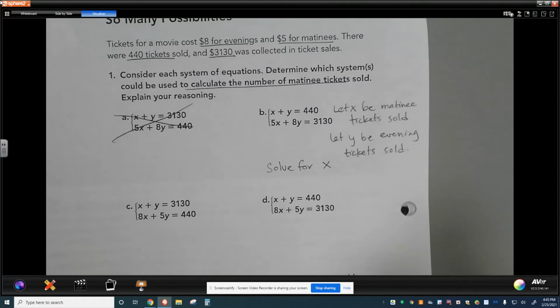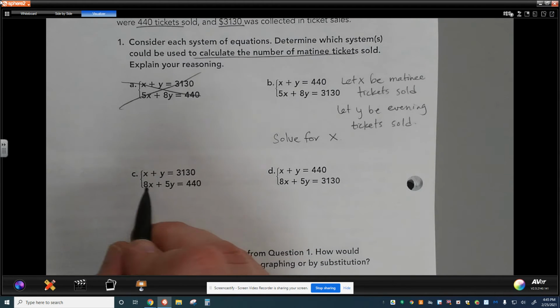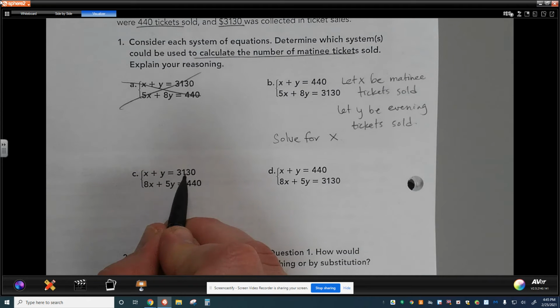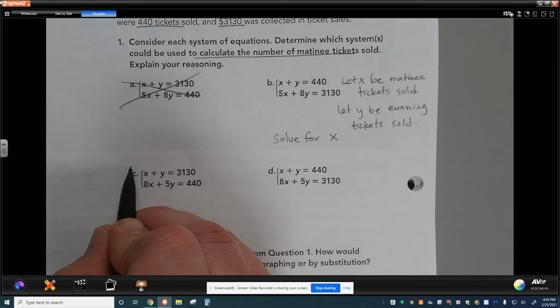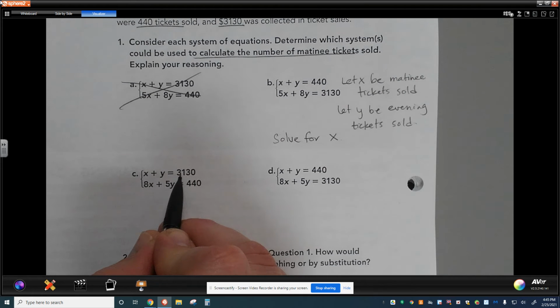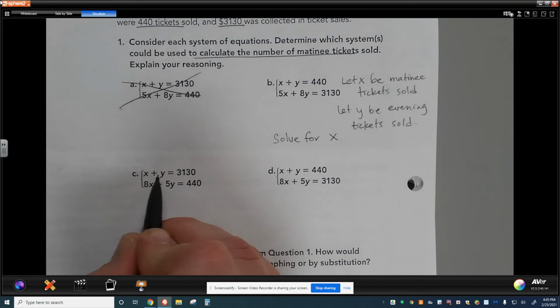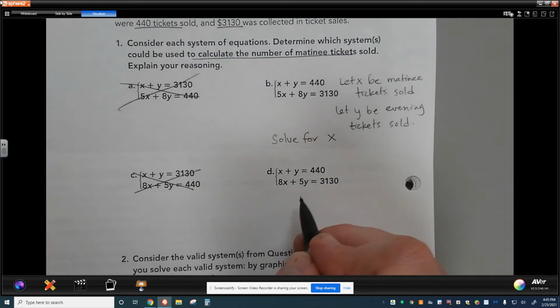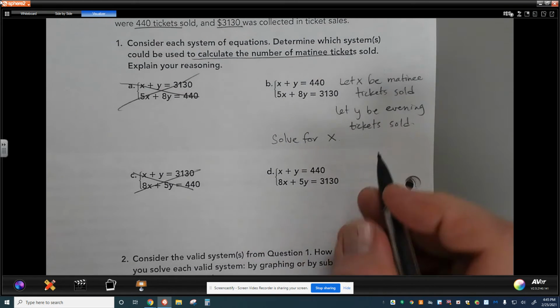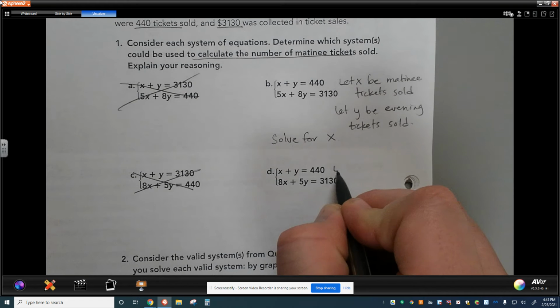Okay. On the next one, letter C, it looks like they kind of got tricky with us on this one. It's a lot like A, just they switched the X and Y. But this one doesn't work, again, simply because this number is for the money, not for the ticket sales. For letter D, that one's a lot like B, but I see that they've done the same switch right here, but this time it can work. And it can work only if we do this.